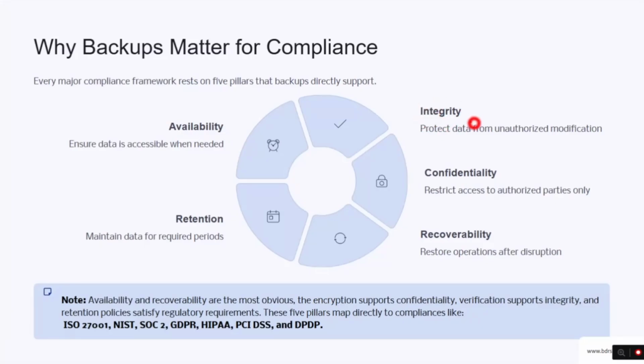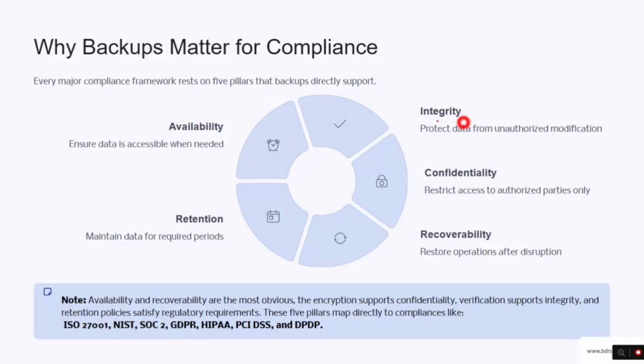Once I take a backup, there should not be any unwanted changes happening to that backup data. It should not disrupt my backup data. So at the time of recoverability, I should not be going blank. That's the major integrity we need to check upon.